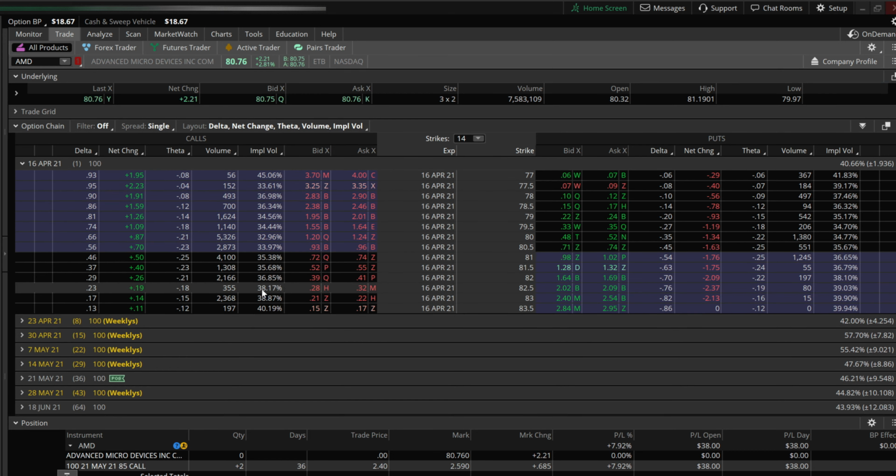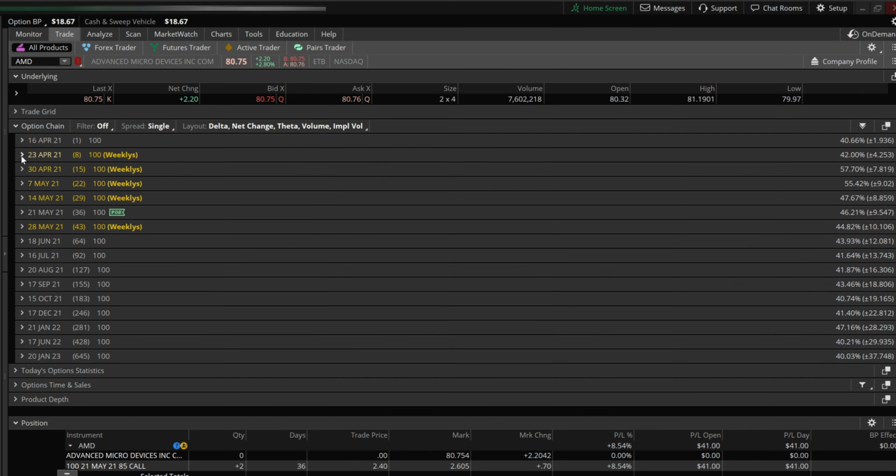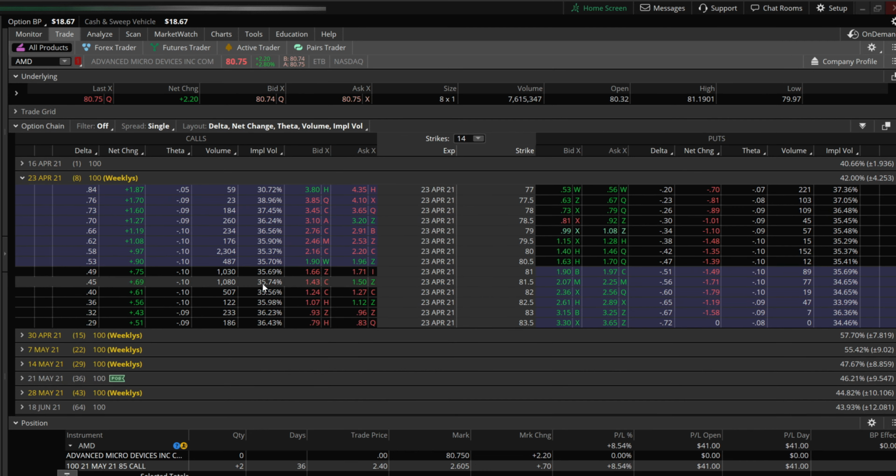So let's see. This volatility doesn't seem to be built up. Well, I don't expect this one to be because these expire this week and earnings is next week. So I expect this implied volatility is gonna go up quite a bit between now and earnings.